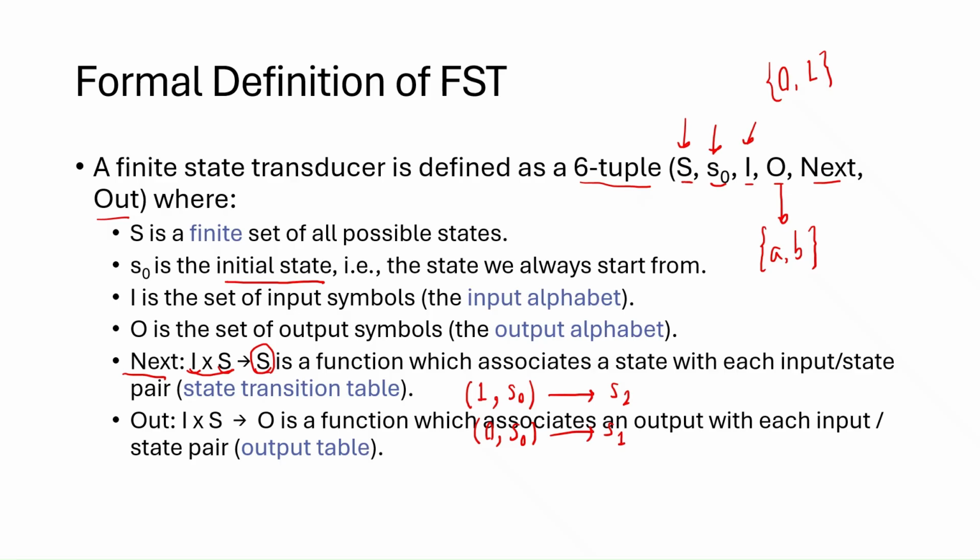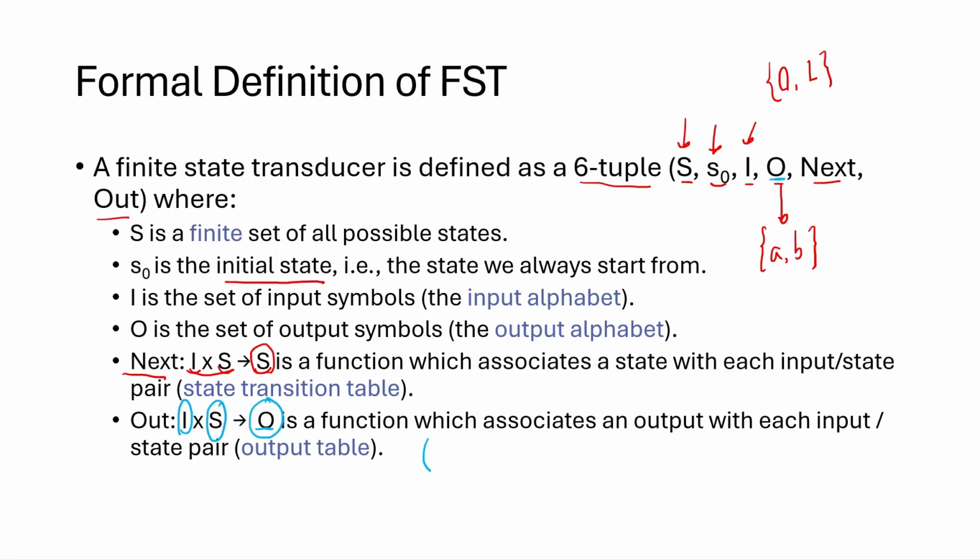And as you can guess, the last one, out, is similar to the output table. It's a function that takes 2 inputs, namely the current input symbol that comes from I, and the current state that comes from S, and based on those two, it tells you what the output symbol is going to be. So it gives you an element of O. Remember, O is the set of all output symbols.